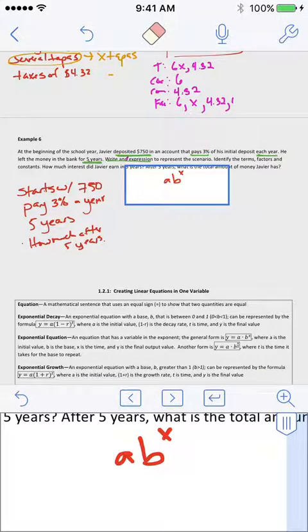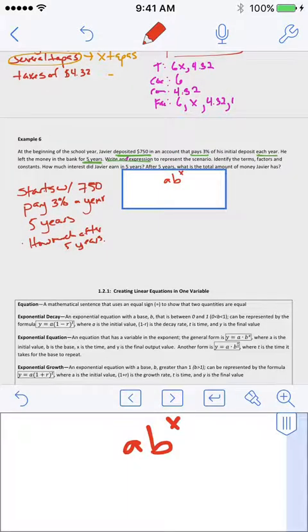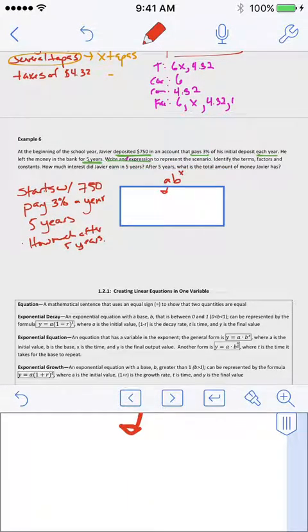Now it's important to remember what these different parts are. We'll talk about this a lot in 1.2.3, but here, let's just go over a brief overview. A is always going to be your initial amount. If you remember from our singing contestants problem, that was the original number of contestants, the 64.